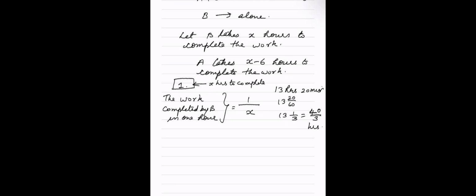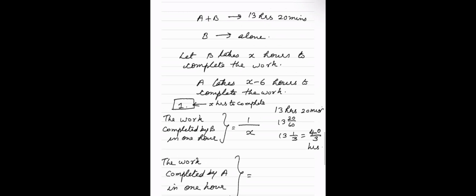So the work completed by B in 1 hour is 1 by x. So what will be the work completed by A in 1 hour? How much work is completed by A in 1 hour? A takes x minus 6 hours.